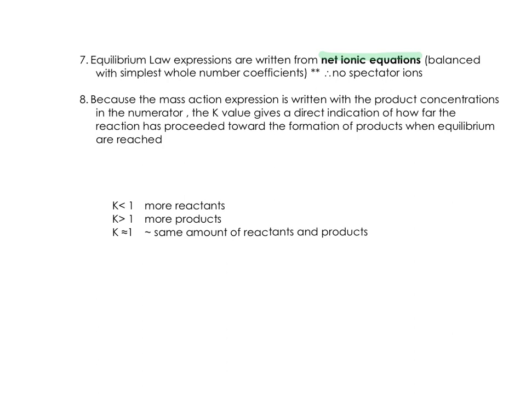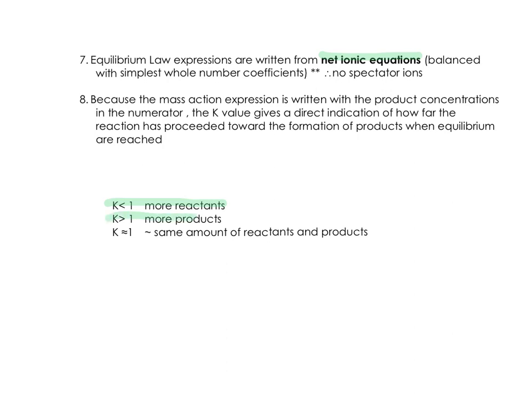Because the mass action expression is written with the product concentrations in the numerator, the K value gives you a direct indication of how far the reaction has proceeded. So this is what I was talking to you about, whether it favors the products or favors the reactants. If K is less than 1, you have more reactants. It favors the reactants over the products.